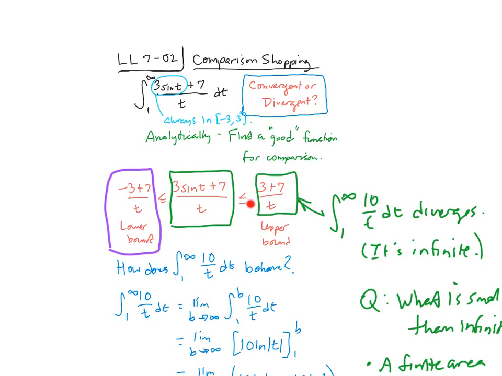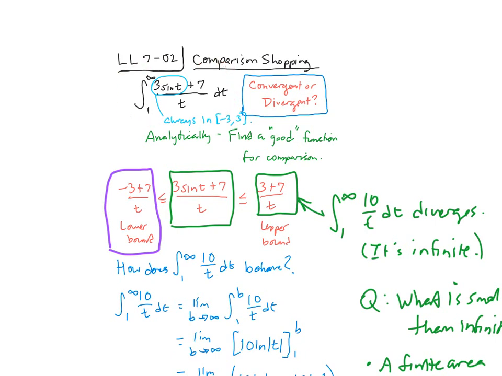Now, we could have thought at this point, that type of function we're comparing it to, we know, if we've been around these long enough, that these integrals are always going to diverge. This one diverged, this one also diverged. So if we know that in advance, we could say strategically, let's look at the lower bound. Let's prove that the integral of this is above something that is known to diverge. Because then, if I prove that this is bigger than something infinite, I will have proven that this integral here is infinite.